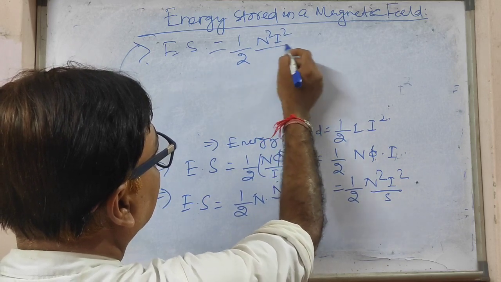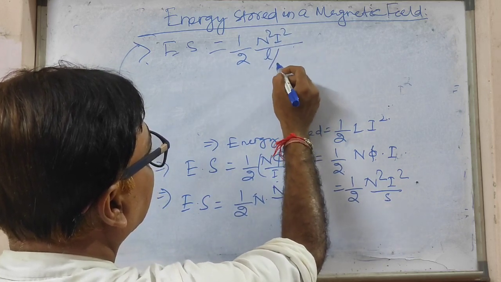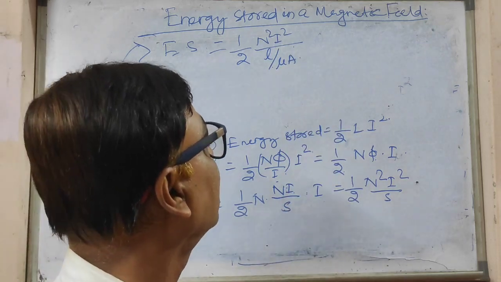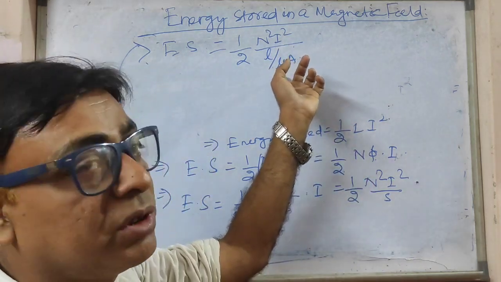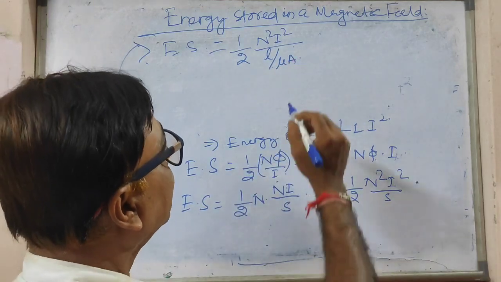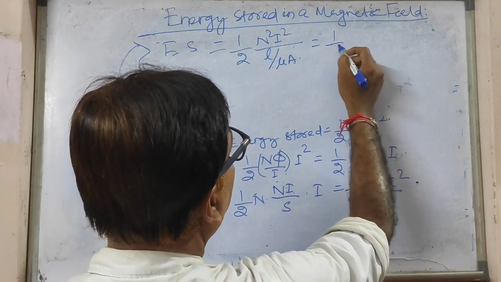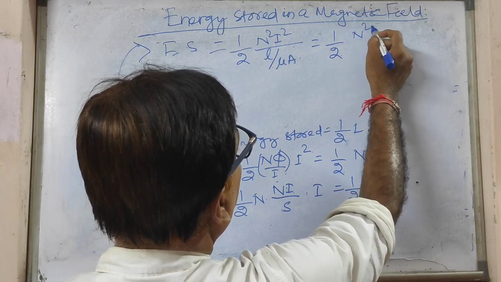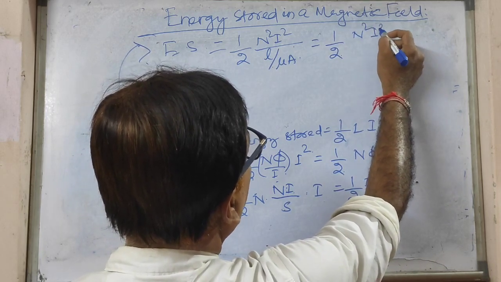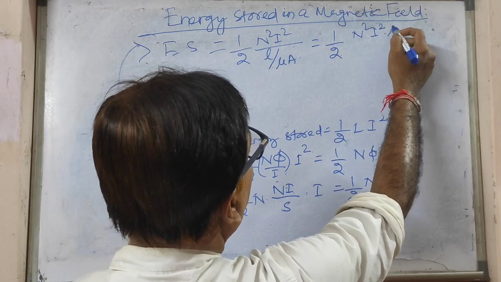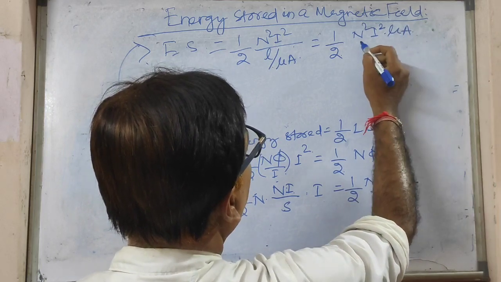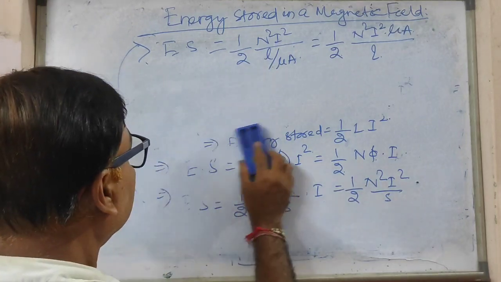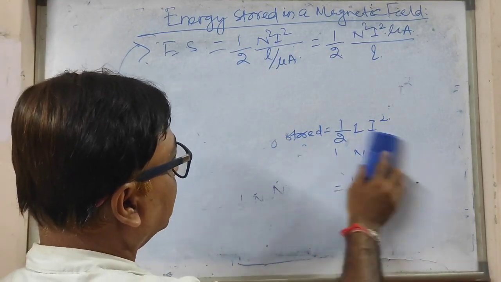We know that reluctance is equal to l by mu A, where l is the length, mu is the permeability and A is the area. So mu A goes to the numerator: 1 by 2 N square I square mu A divided by l, joules. Let me completely wipe out this one.